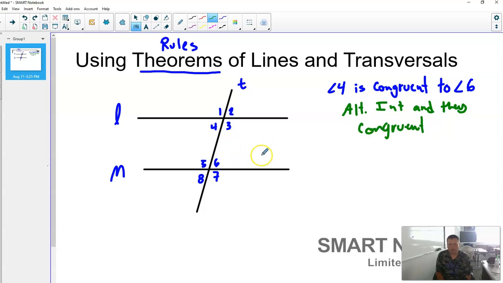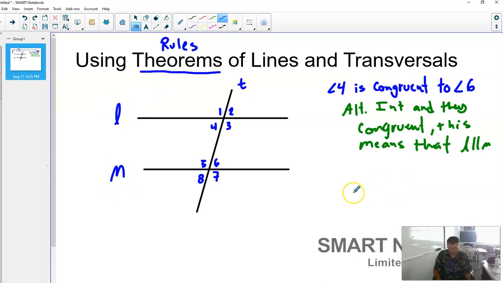So this means that line L is parallel to M. Okay? But we've got to know that they're alternating interior angles and they're congruent. If not, then we can't have that. So that's the idea of this. We're using our rules to show that L and M are parallel. That's what we're trying to get to every single time.